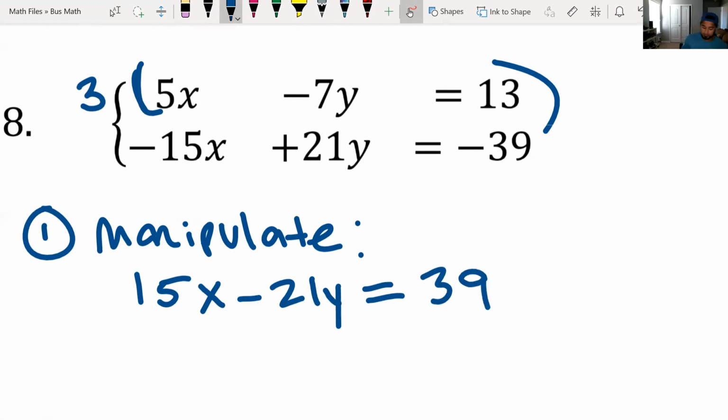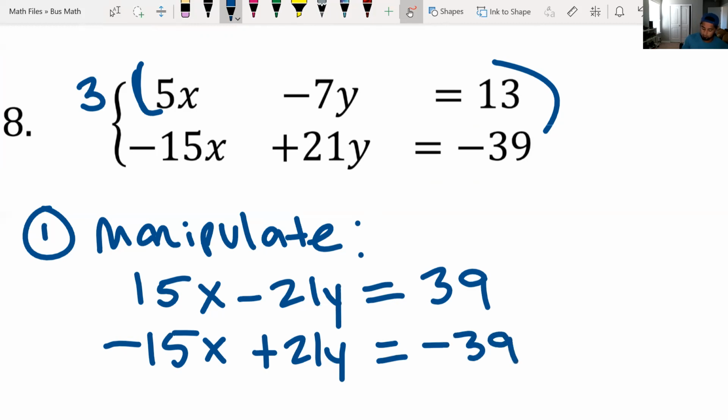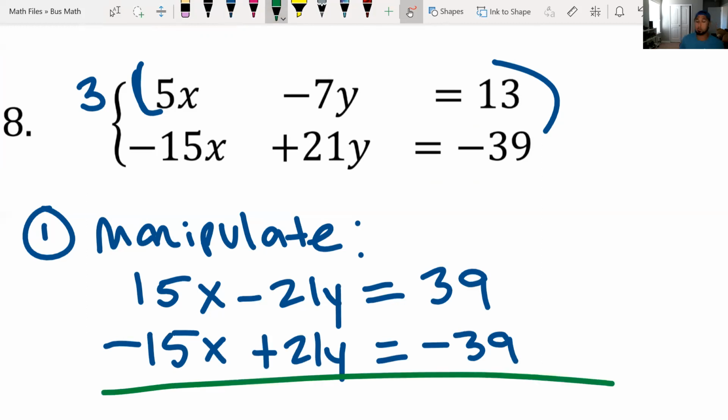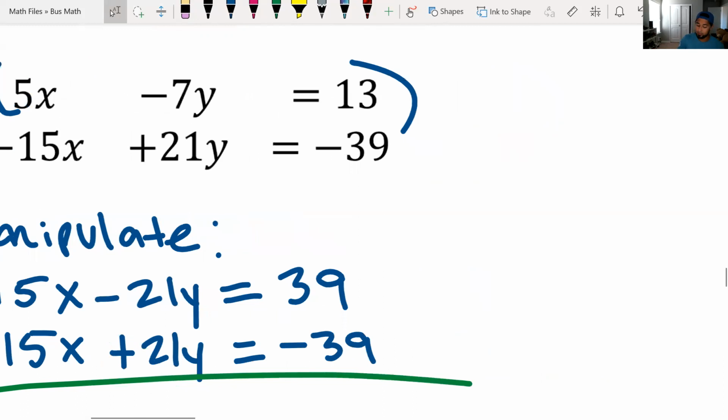The bottom equation stays the same. Negative 15x plus 21y equals negative 39. Now here comes your favorite part.